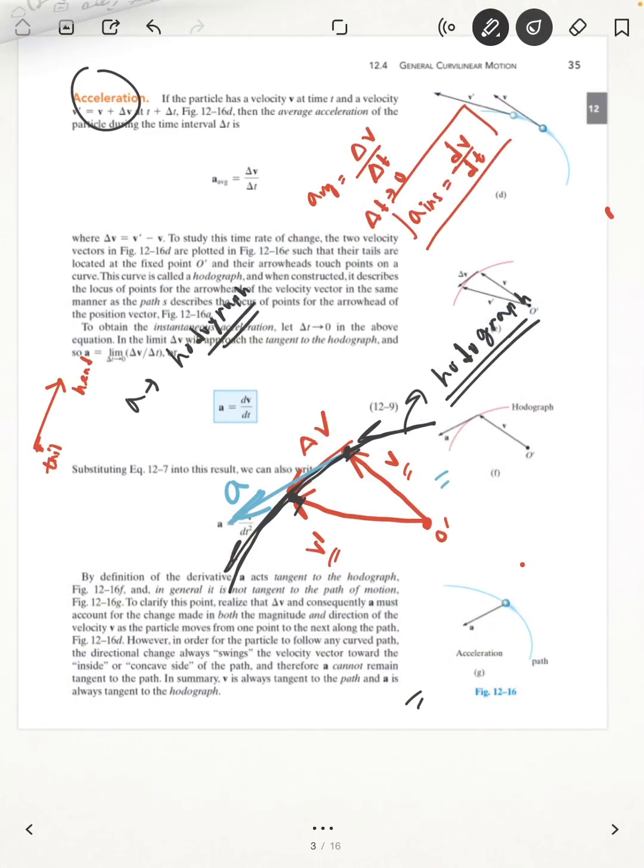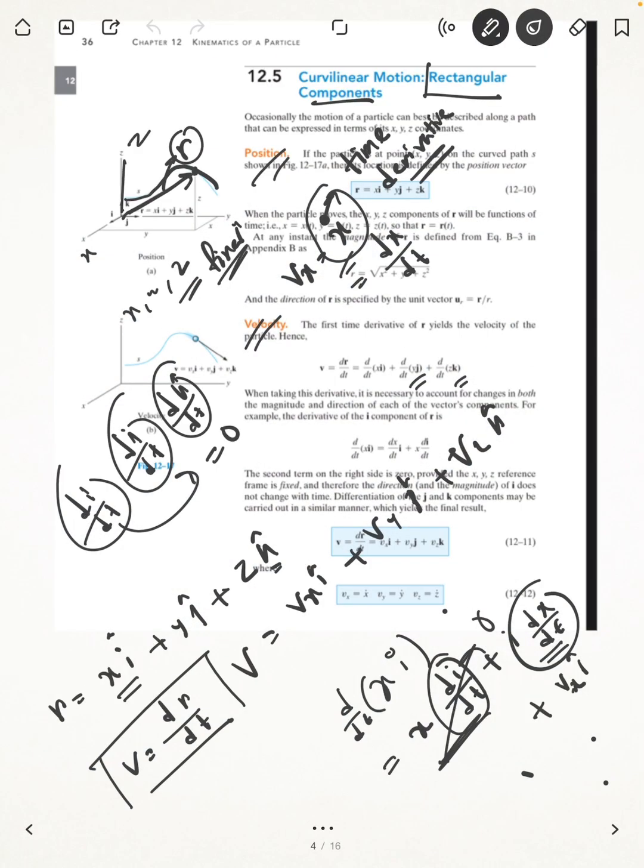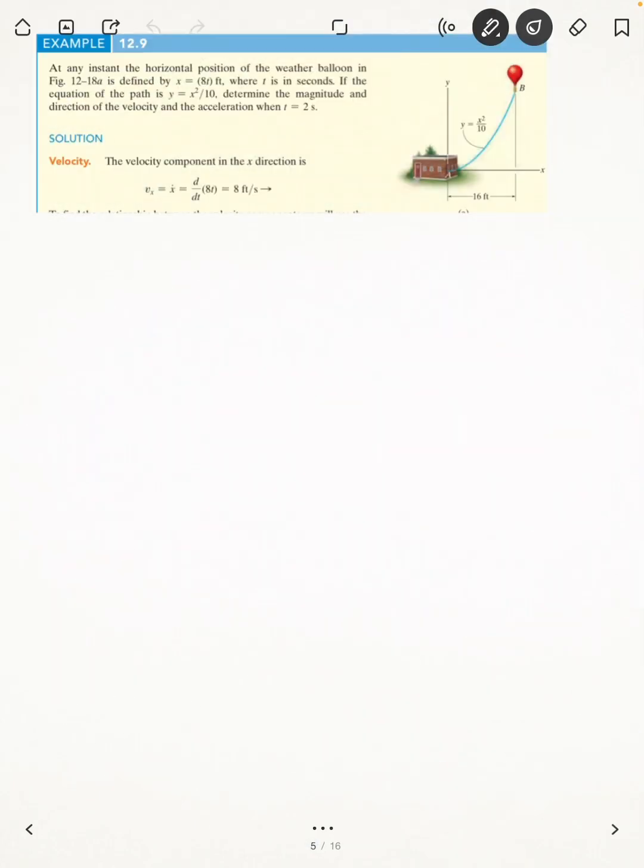So that is basically the theory for this subchapter 12.4, the curvilinear motion. Now we're going to solve the maths. We're going to start with example 12.9.